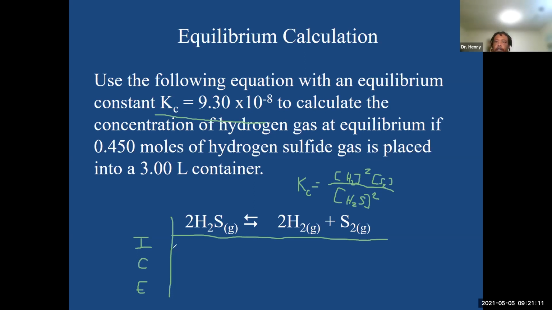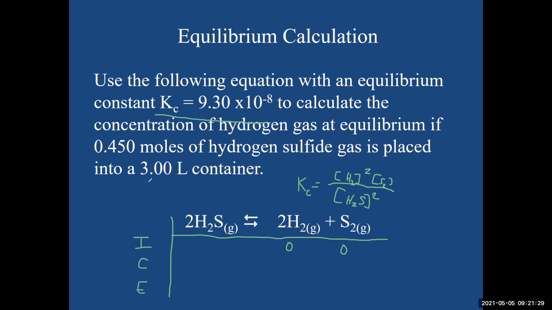Initially, we're starting off with nothing of this, nothing of this. All of it is hydrogen disulfide, right? And what is the concentration that we're starting off with? The 0.50. We would have to put that over 3 though, right? With the molarity. That's correct. We'd have to put it over 3. So then it'll be 0.15.